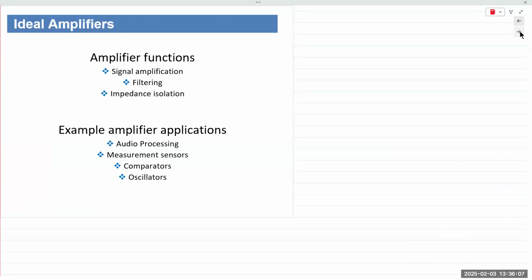And so an operational amplifier is a special type of amplifier created using BJT differential amplifiers. Okay, so op amp. Special type of differential amplifier.